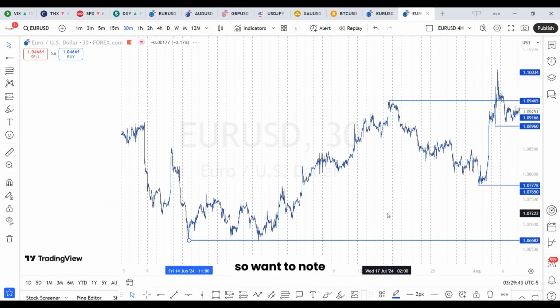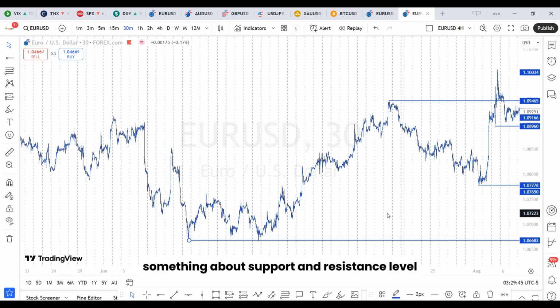I want to note something about support and resistance levels. The more the market comes into that area without breaking it, the stronger that support or resistance level becomes. But if we understand market structure, which we taught in our advanced trading class, you can upgrade your trading knowledge to an advanced level.